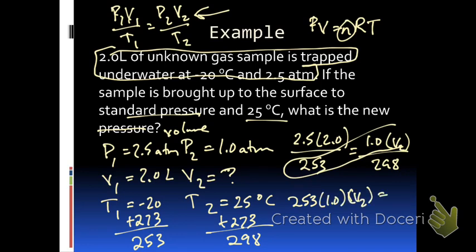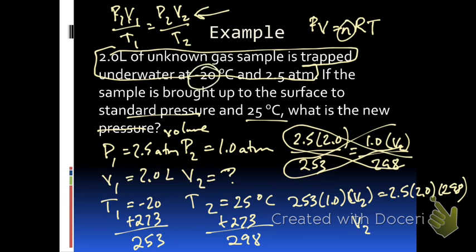Then on the other side, 2.5 times 2.0 times 298. So V2, it's technically 1 sig fig because -20 has 1 sig fig, so it should be 6 liters. I got 5.889, but then I rounded to 6 because I should only have one significant figure.